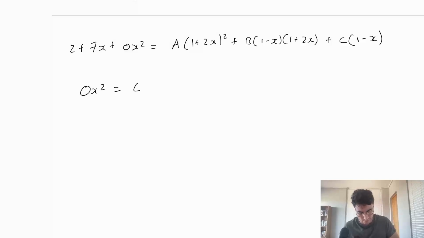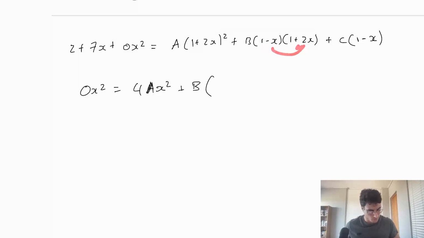So therefore we're going to have 4a x squared there, because we're expanding this out. Then we're going to have b times what? Well, the coefficient here is going to be -2.